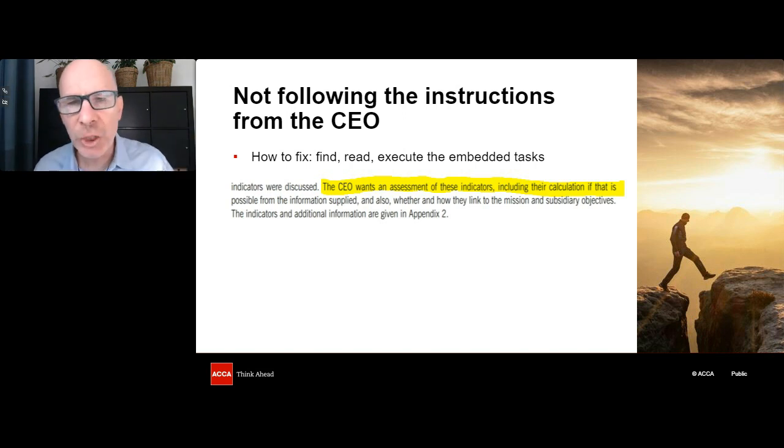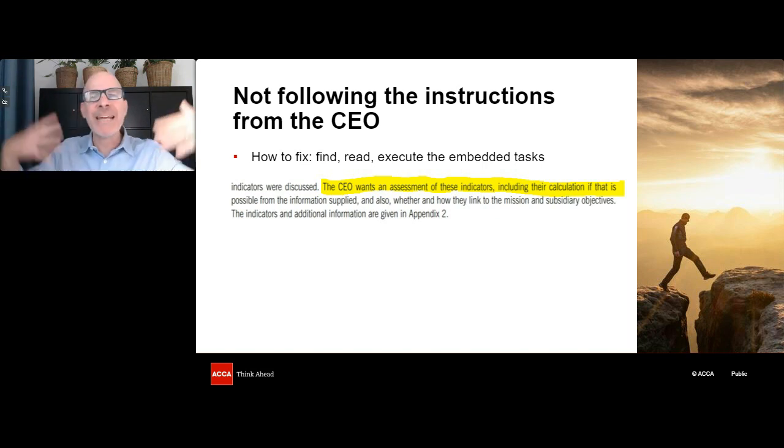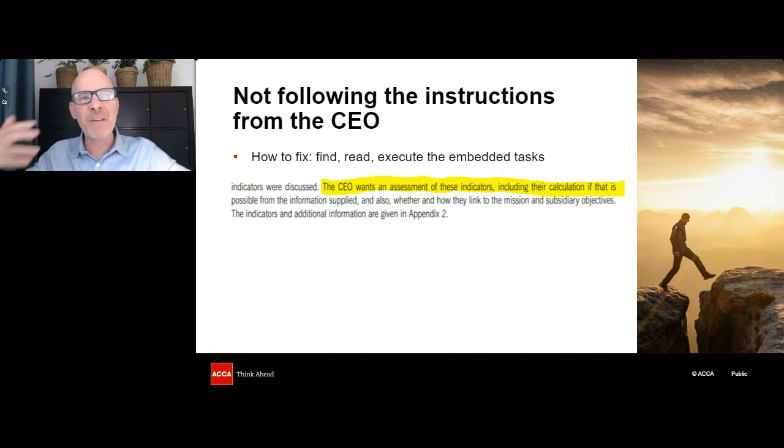The instructions on how to answer the question are not in the requirements tab. They come directly from the CEO, and they are hidden or included in the exhibits. These are the embedded tasks or the embedded requirement.